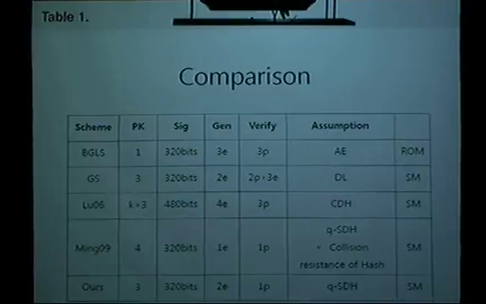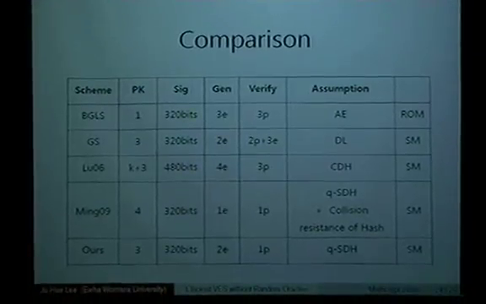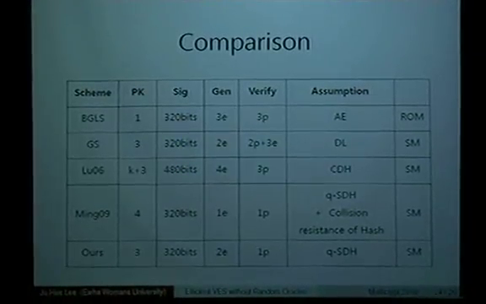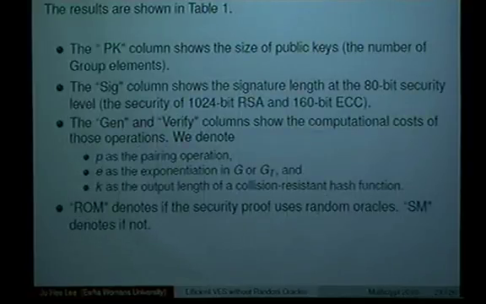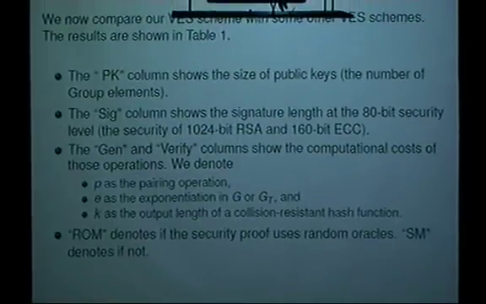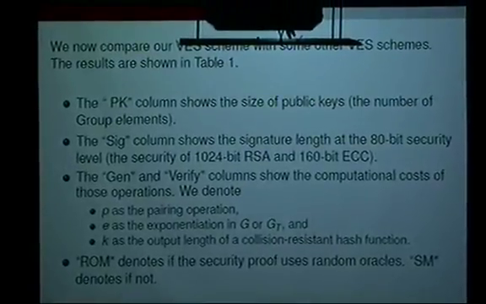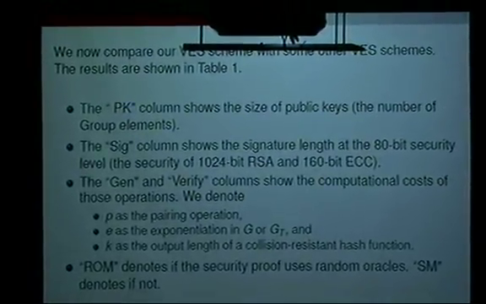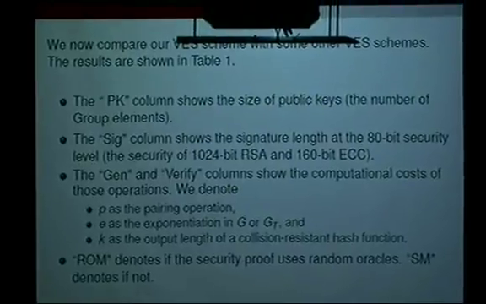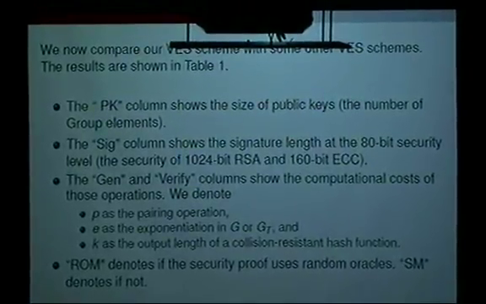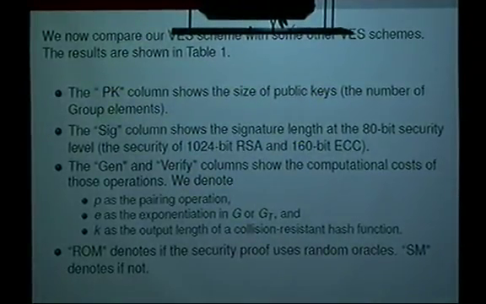PK is the size of the public key. C is the length of the signature. Gen and verify show the computational cost like this. P is the pairing, E is the exponentiation in the group, and K is the output length of the hash function.